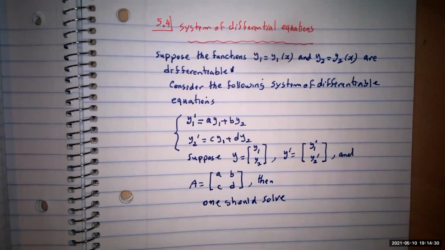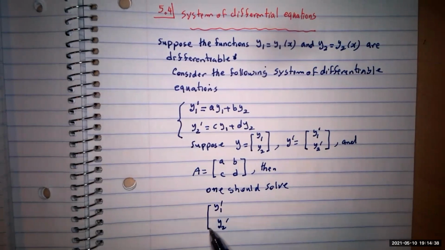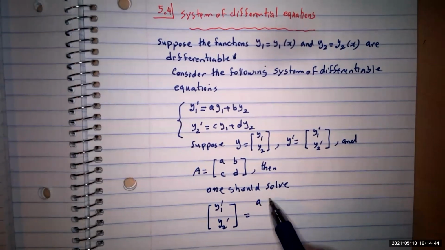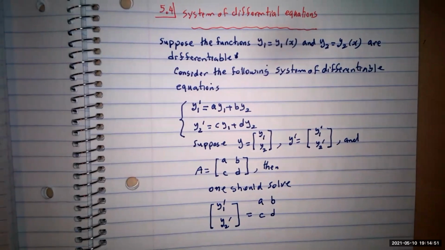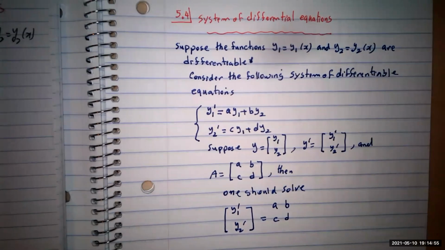Okay, if you go back and write it down in the matrix form, this is going to be y1 prime, and this is going to be y2 prime in vector form. And this is going to be the product of the AB and the CD over here.